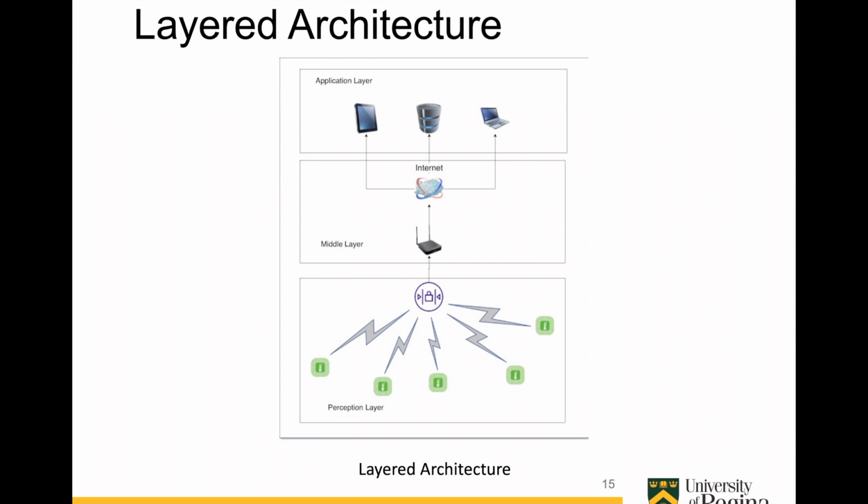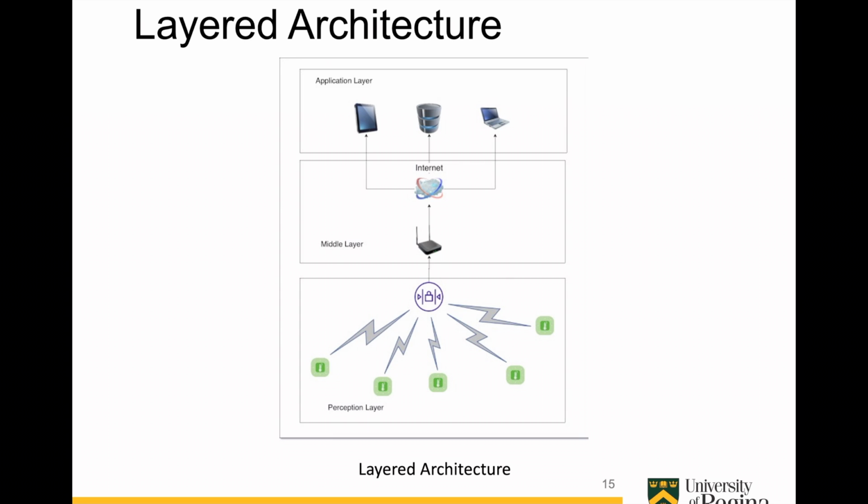A typical IoT architecture has at least three layers, namely perception, also known as the sensor layer, middle layer, and application layer. Each layer provides a set of capabilities to the IoT system to function properly.